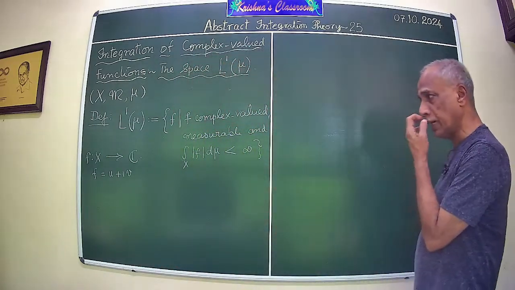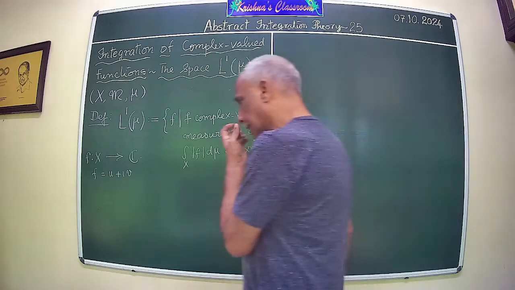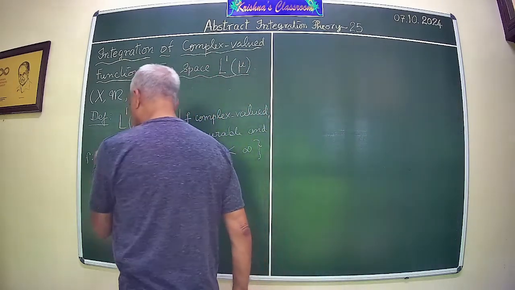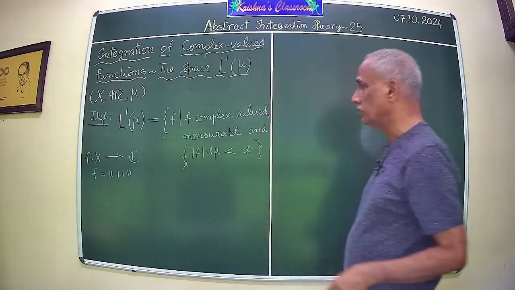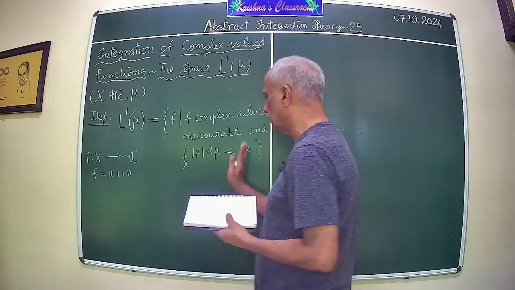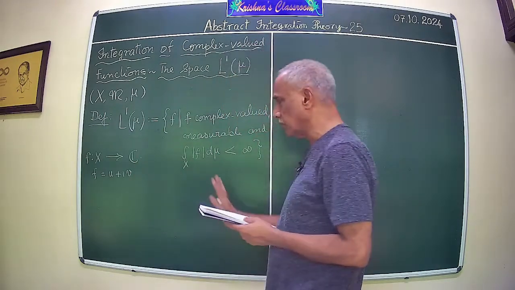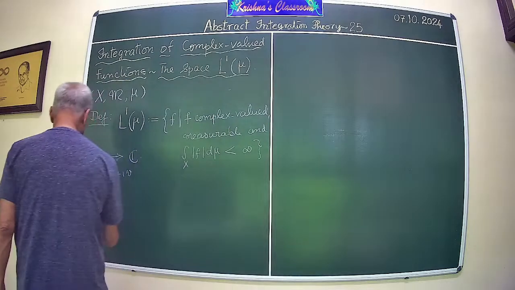Both u and v are real valued functions. Using this representation, we try to define the integral of f. So one of our tasks will be to define this integral, and we make some remarks.